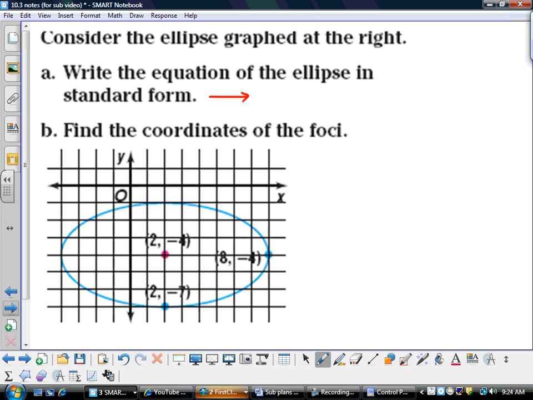In this case, it looks like the long direction is the x direction, so we're going to be using the equation for the horizontal ellipse. The (x minus h) squared over a squared plus (y minus k) squared over b squared equals 1. The a is with the x's because it's horizontal.